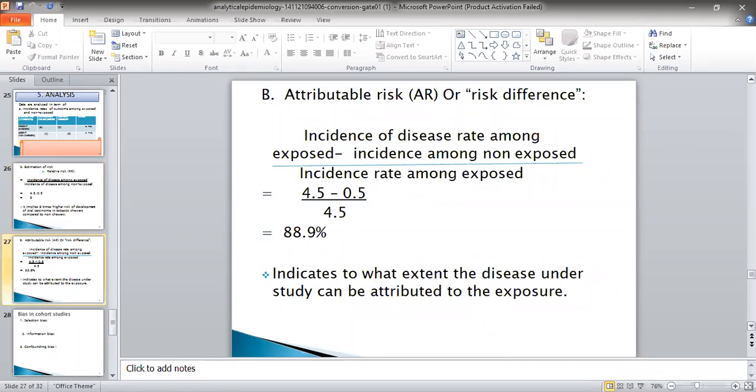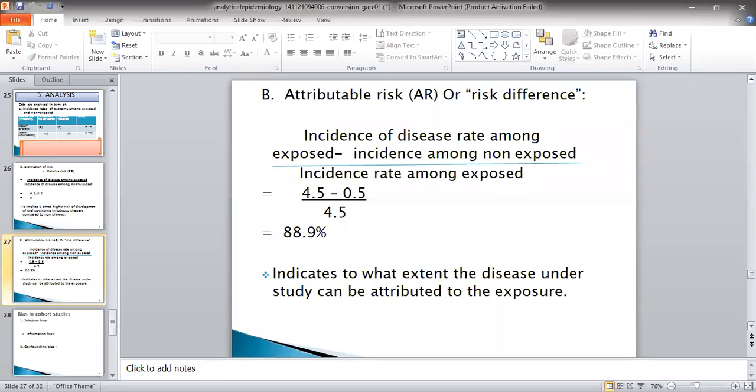Next is the attributable risk or risk difference. The formula is incidence of disease rate among exposed minus incidence among non-exposed divided by incidence rate among exposed. तो इसको जब हमने कैलकुलेट किया that will be 88.9%. तो इसका क्या मतलब हुआ?